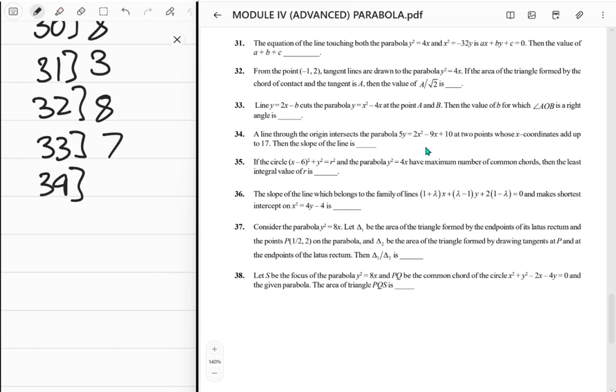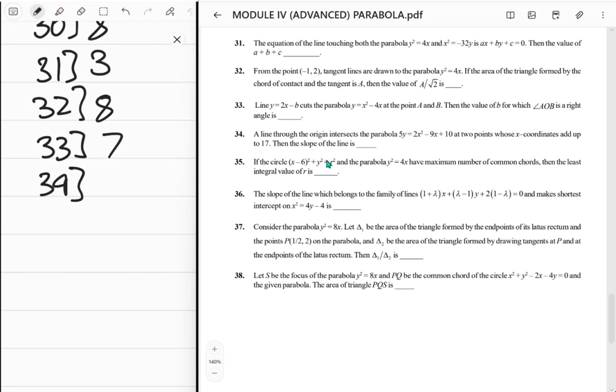A line through the origin intersects this parabola at 2 points whose x coordinates add up to 17. Then the slope of the line, so just some curve, whatever. Oh, so it intersects the parabola at 2 points whose x coordinates add up to 17. Okay, so x1 plus x2, you know what that thing is.